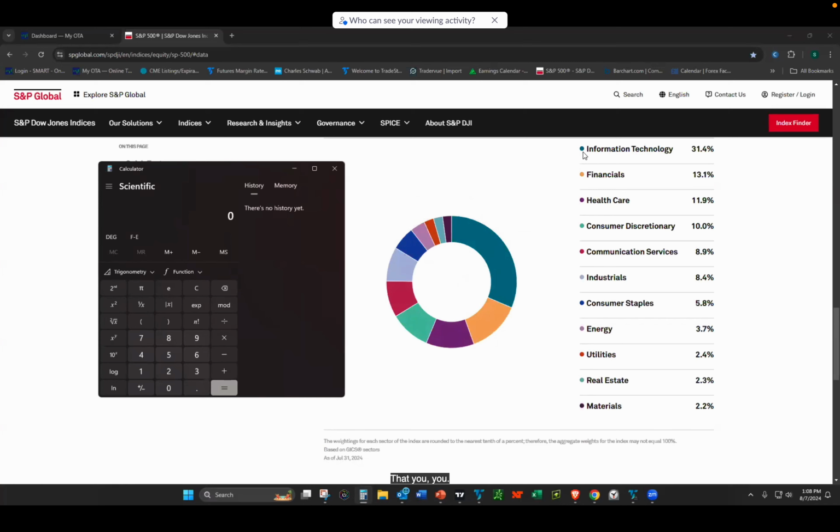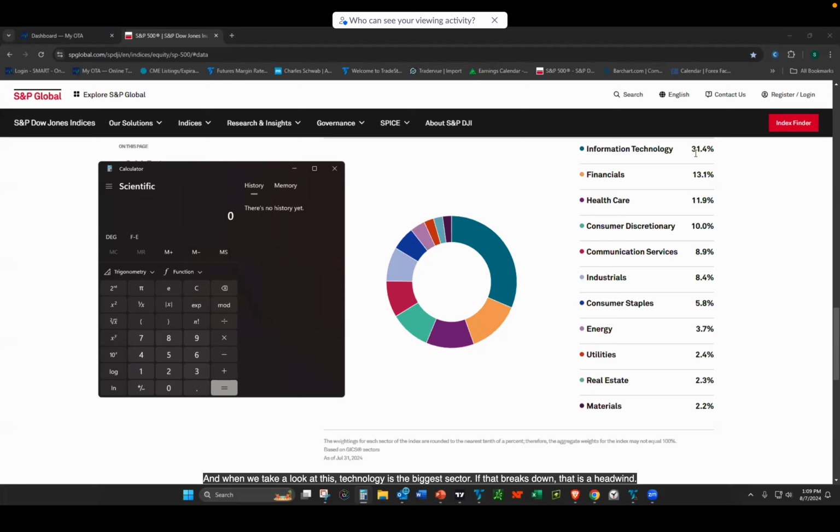And I want to point out that you have to pay attention to what that biggest sector or sectors are to get a sense as to what the broader market is most likely going to do. I pound the desk every month on this. And when we take a look at this, technology is the biggest sector.